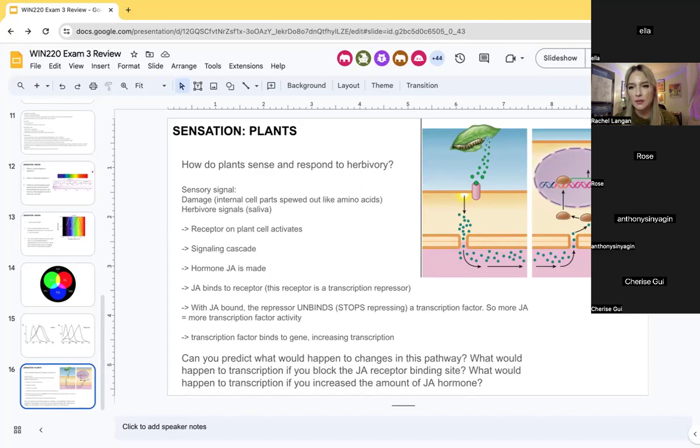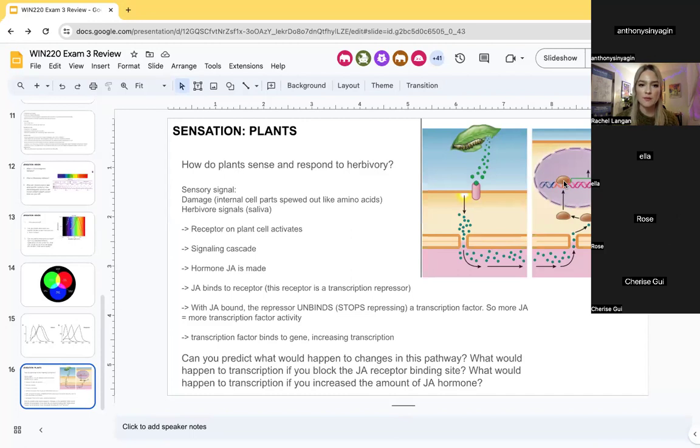The bigger blue circle is the repressor, and it's also JA's receptor. And when JA binds to that receptor slash repressor, the repressor comes off of a transcription factor, which is the brown thing. Once the repressor comes off, then that transcription factor can bind to genes and increase transcription.